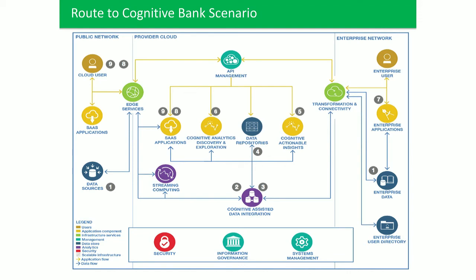But this is one of the scenarios that we would like to share with you. And notice this is actually heterogeneous. Not only is it a hybrid, but it's also heterogeneous because they use our IBM products, they also use Microsoft, and they use open source. So this is a very interesting use case that I'd like to point you to.